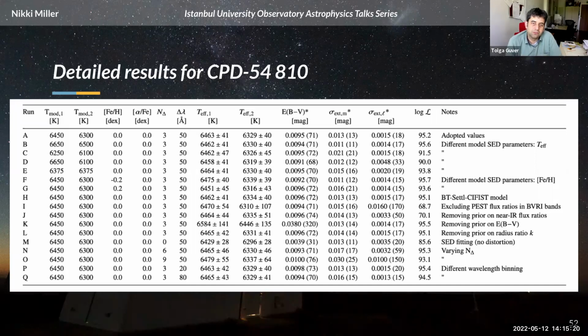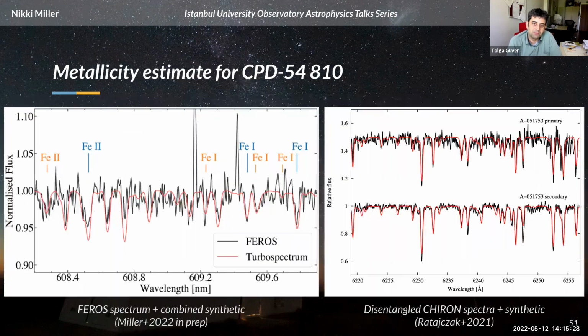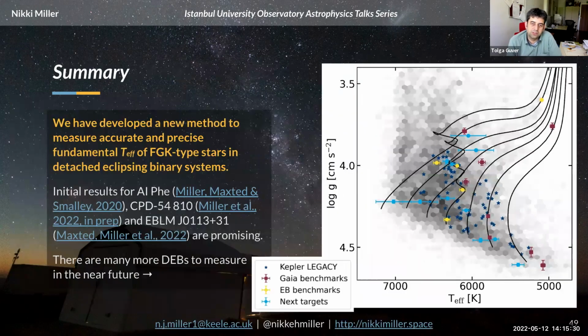So do you need, for example, multicolor ground-based observations of these systems, simultaneously in a few bands? Yes, ideally. We found with the EBLM systems that we could get by with TESS plus CHEOPS.